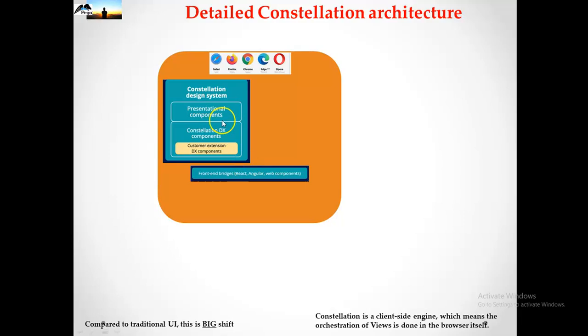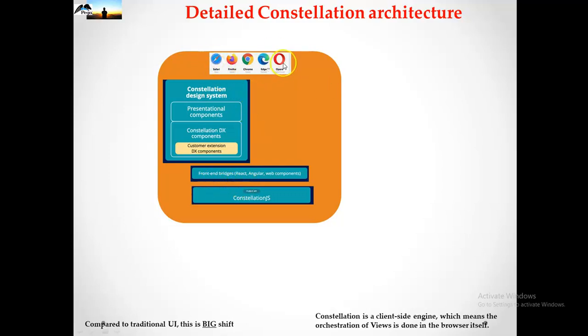This is based mainly on digital front ends like React, AngularJS, and other web components. All these things will be interacting with the public Constellation JS, because the key paradigm shift in Constellation is that it is a client server engine. Which means everything is done in the browser itself. To support this browser, that's what the system is going to be.